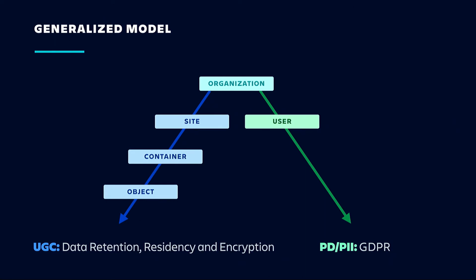The other branch here, which is orthogonal to that, is essentially the users. They can be contained in an organization, but don't have to be, they can be free-floating, and the rules associated with users are a bit different. So that's typically GDPR, right to be forgotten, privacy settings. So optimally, we would end up in a world where we can take a bit of data from our apps and associate it with any kind of branch in this tree, and we would automatically enforce the corresponding rules for that data.